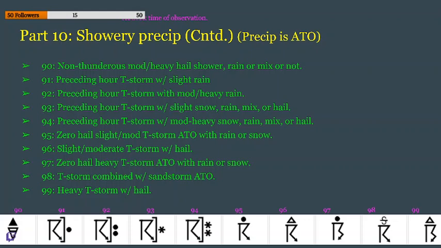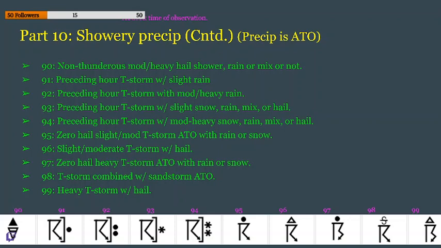Number 92 is your preceding hour thunderstorm with moderate to heavy rain. 93 is your preceding hour thunderstorm with a light snow or rain or a mix or even hail. 94 is the exact same thing as 93 but instead moderate to heavy.